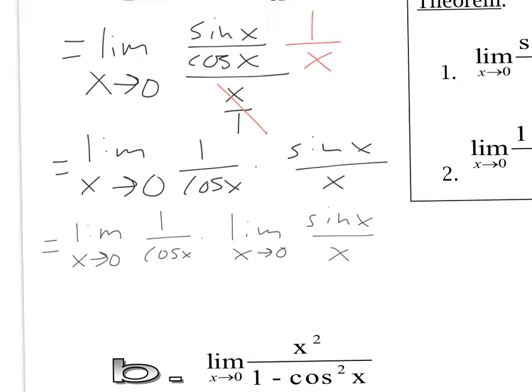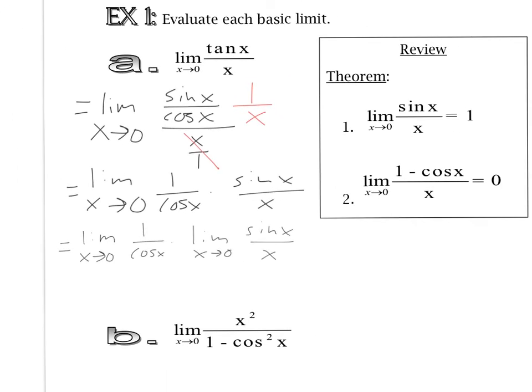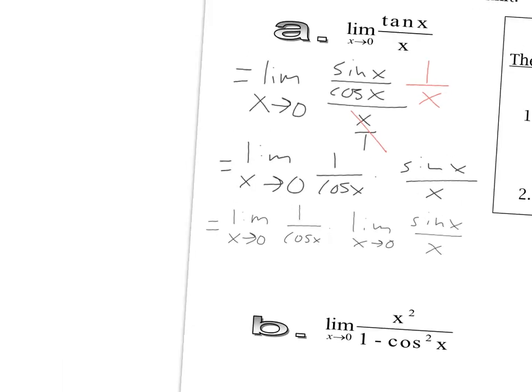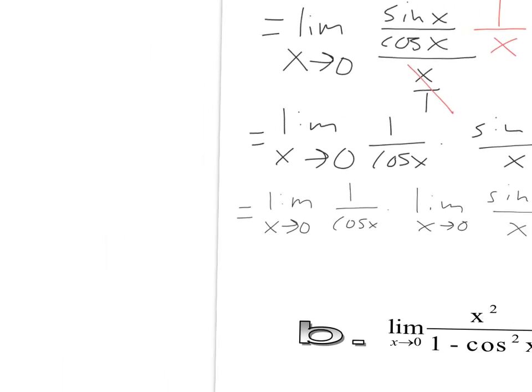Okay, well, now it's actually pretty easy. On the left here, this isn't one of my rules, but I can evaluate this really easily. What is the cosine of 0? Hopefully you kind of have that memorized. If you don't, I'm just going to go over here and sketch real quick for you. Remember that this would be 0, and if this was the unit circle, that coordinate would be 1, 0.